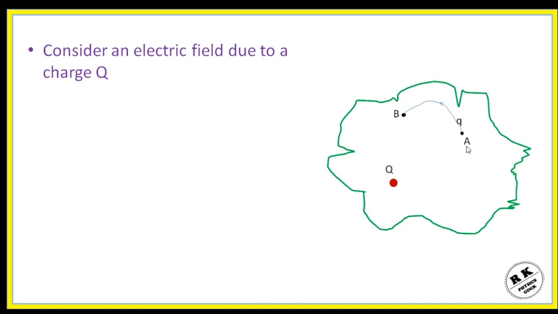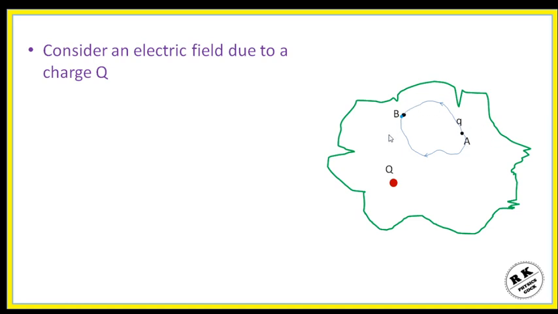It is moving from point A to point B. Let us also assume that the same test charge is again taken in a different path from A to B. See the animation, it is moving along some different path with a different path length. Let this path be L2 and the work done be W2.